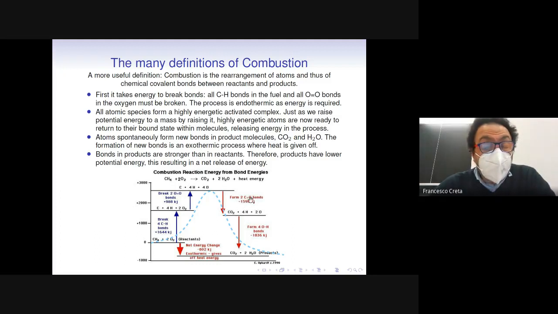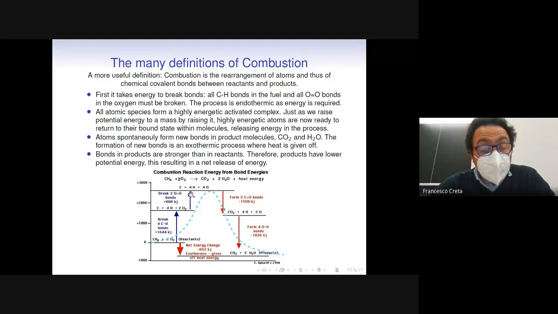You see here now, we're releasing this amount of energy. And then here we're going to form 4 single bonds between H and O to form water. So we're going to go all the way down here. You see how much energy we have released, and we have released more than we have put in.